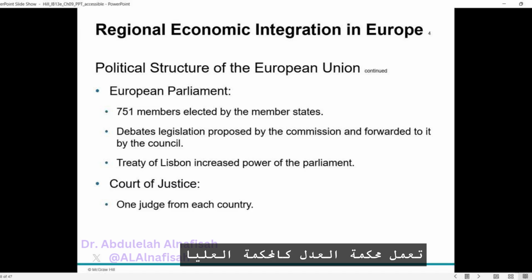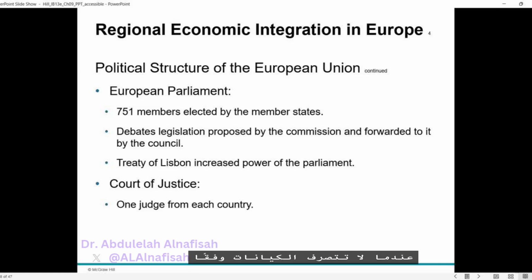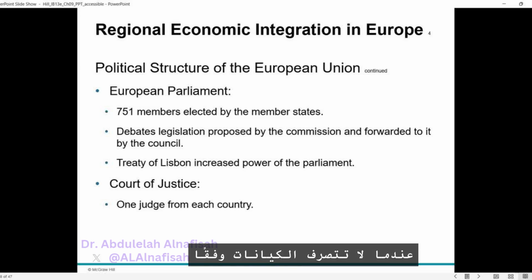The Court of Justice acts as the Supreme Appeals Court for EU law, consisting of one judge from each country. Judges are independent officials, not national representatives. The court can address issues where member states fail to meet treaty obligations or when entities do not act in accordance with EU treaties.